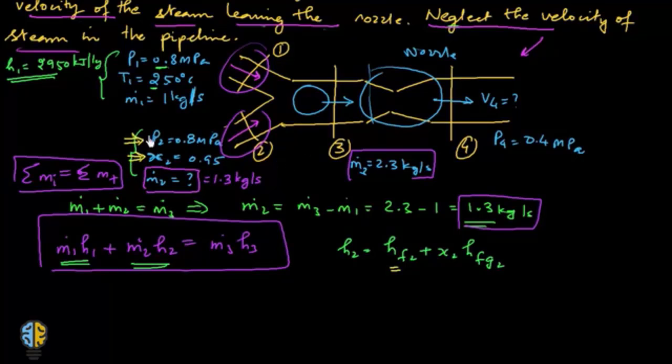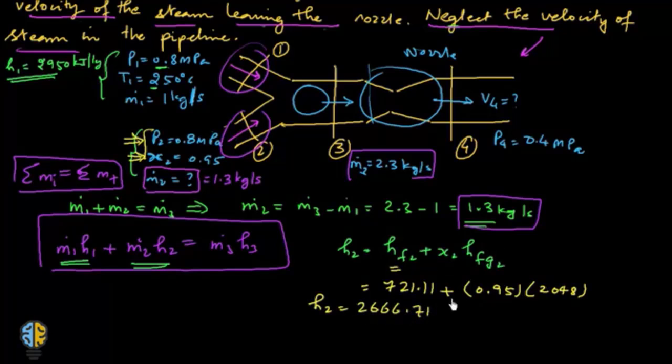Corresponding to these, hf2 will be about 721.11. Now x2 is 0.95, into hfg from the tables, 2048. So the complete value of h2 would come out to be 2666.71 kilojoules per kg.